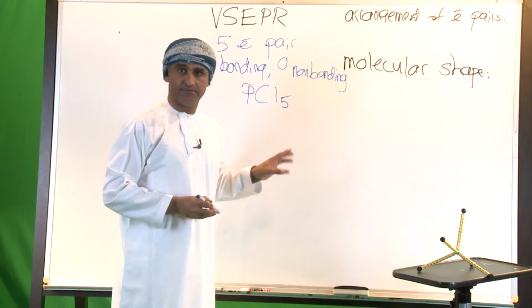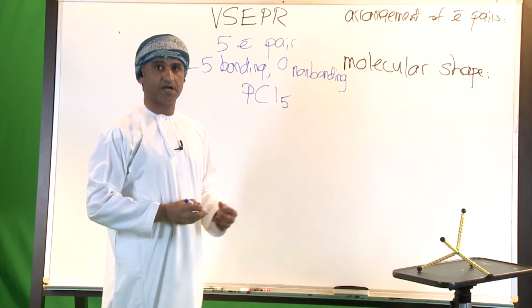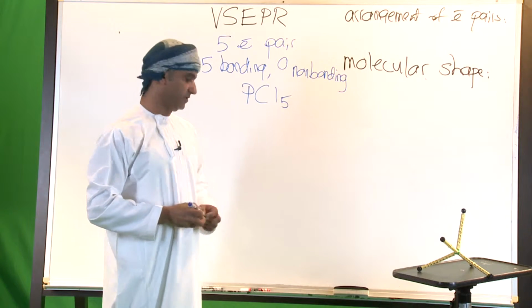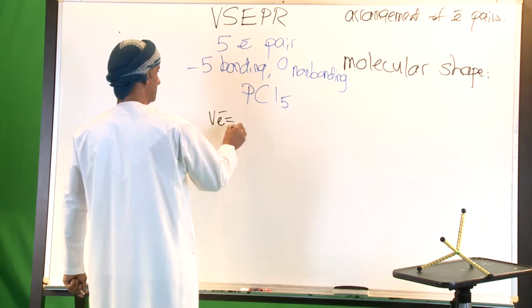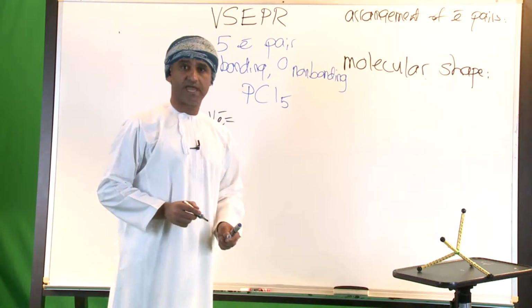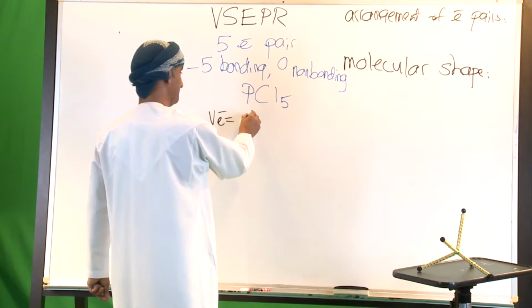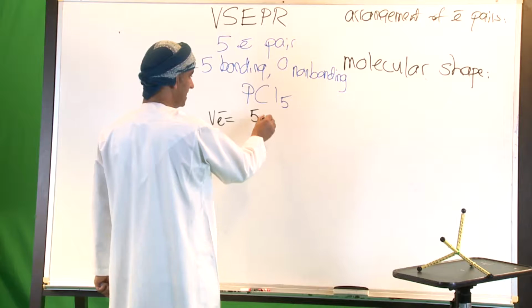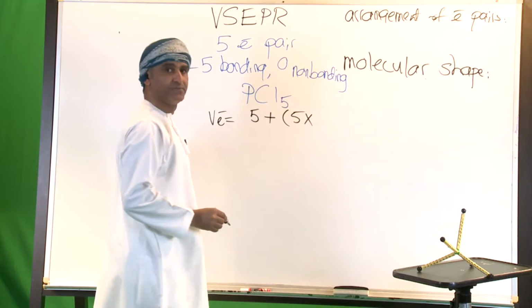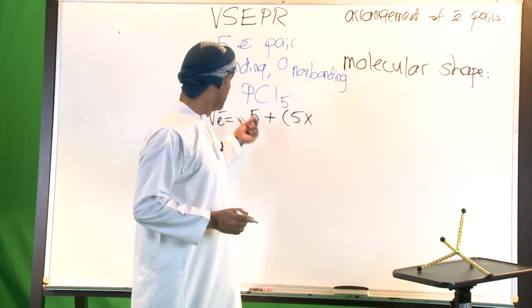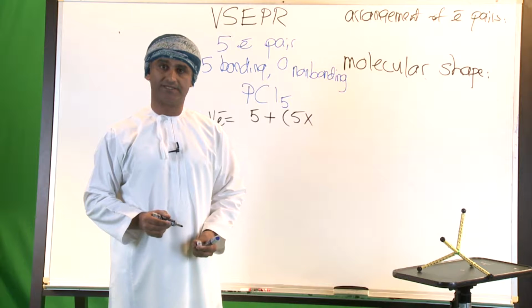And the first step is to draw a possible Lewis structure. In that regard, we first calculate the total number of valence electrons in this formula. Phosphorus is located in group 5A, so basically it's under nitrogen. So there are 5 valence electrons from phosphorus, and there are 5 chlorine atoms, each of them with 7 valence electrons, because chlorine, just like the halogens, is located in group 7A.